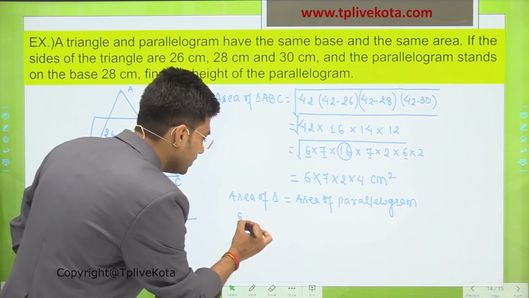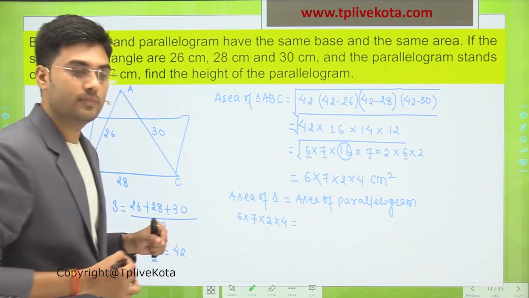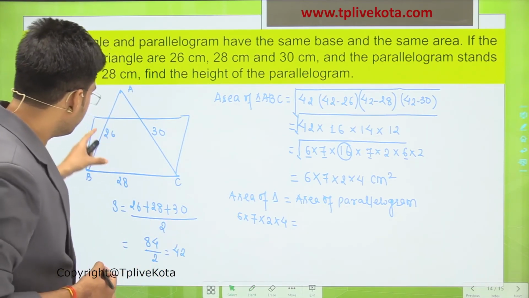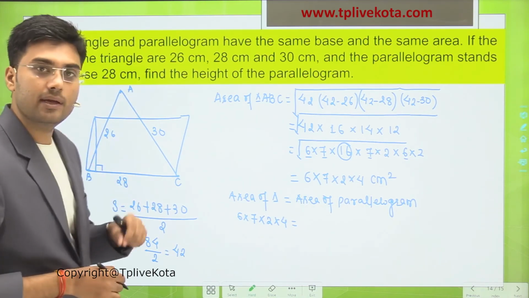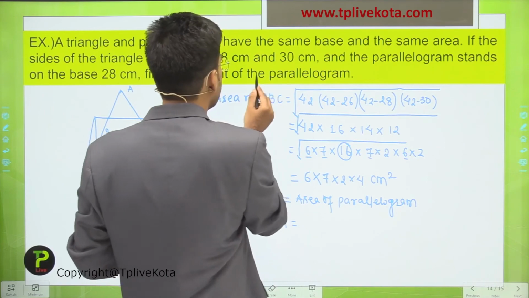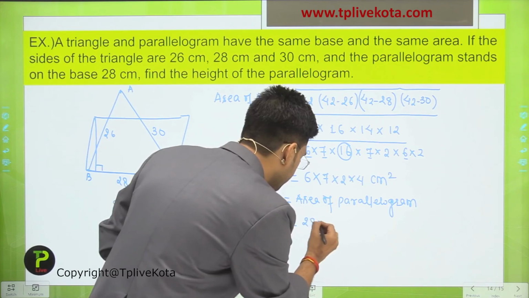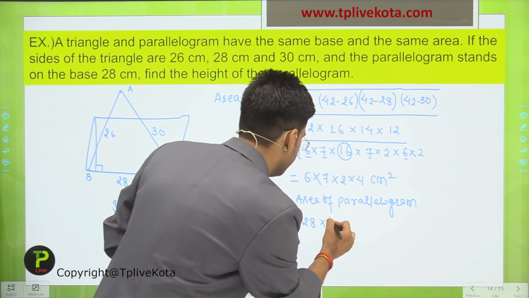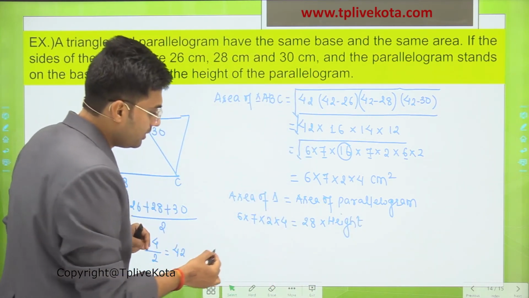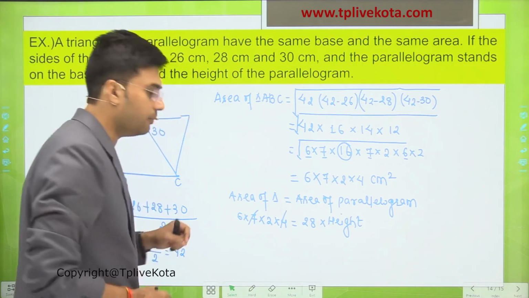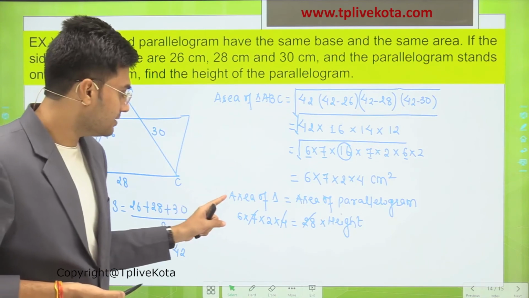It is 6 multiplied by 7 multiplied by 2 multiplied by 4. Now what is the area of this parallelogram? It is height multiplied by base, and it is given that we have to use the base 28. So it is 28 multiplied by height. So students, here this 7 and 4, 7 multiplied by 4 is what? 28. So this 28 is cancelled by 7 and 4.